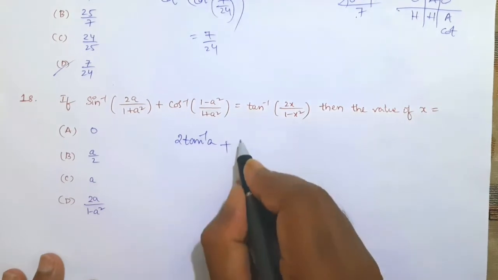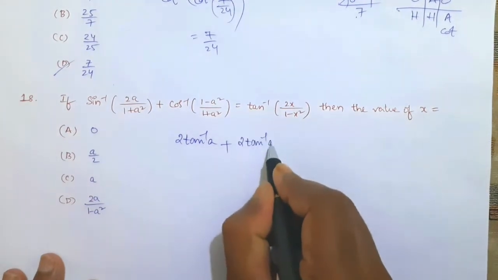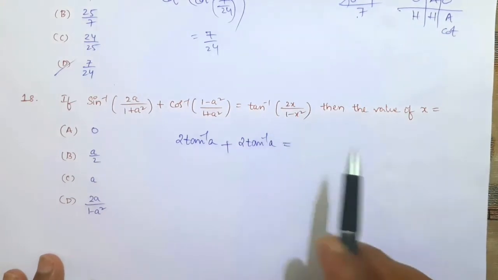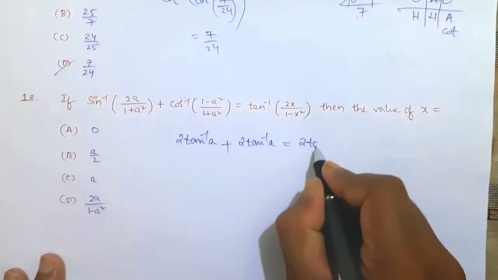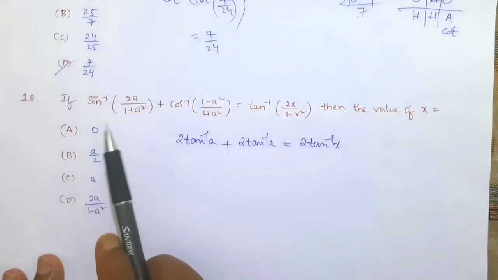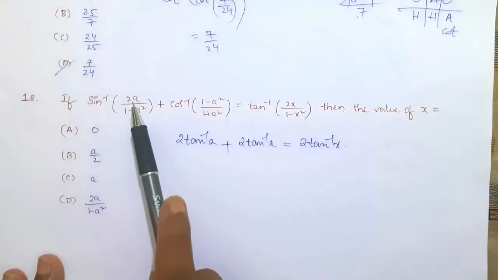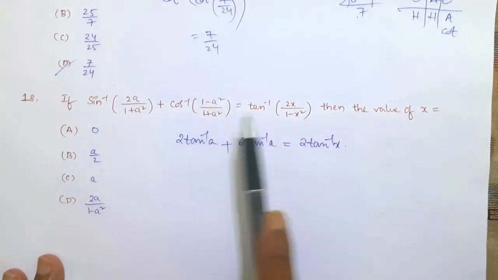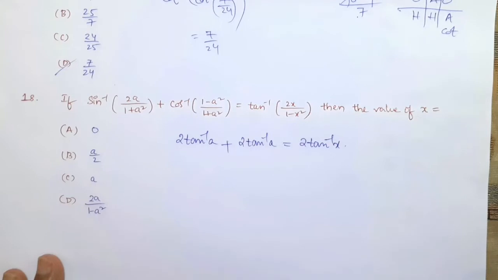We have a direct formula: 2 tan inverse x is equal to tan inverse of 2x by (1 minus x square). Remember guys, for sin inverse it should be 2a by 1 plus a square, for cos it is 1 minus a square by 1 plus a square, for tan it is 2x by 1 minus a square.